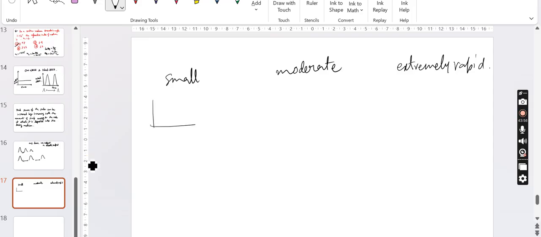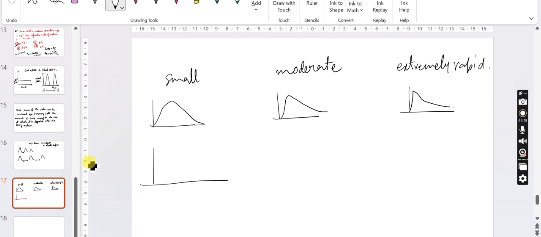For the small pumping rate, the pump power is defined by a curve like this. For moderate, it is a bit skewed. For extremely rapid, it goes up like this. For this, population inversion takes some time. At this point, population inversion is achieved. That is how it comes.